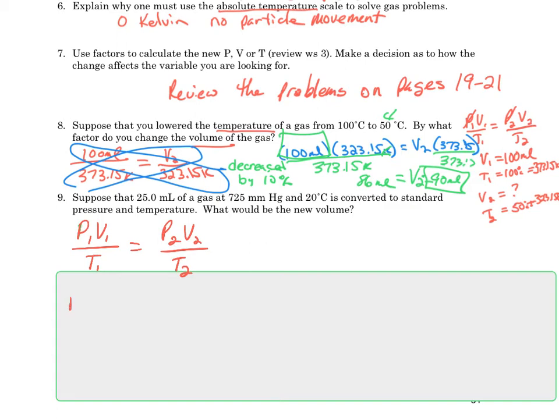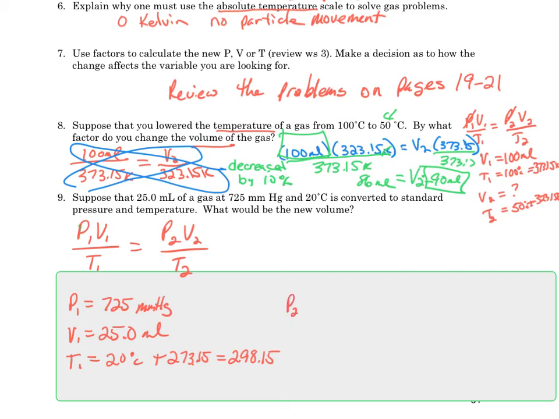So my pressure is equal to 725 millimeters of mercury. My volume is 25.0 milliliters. My temperature is 20 degrees Celsius. I'm going to convert that to Kelvin. My pressure 2 is equal to standard pressure because it's converted to standard pressure.